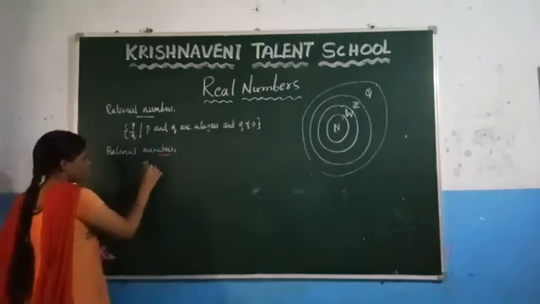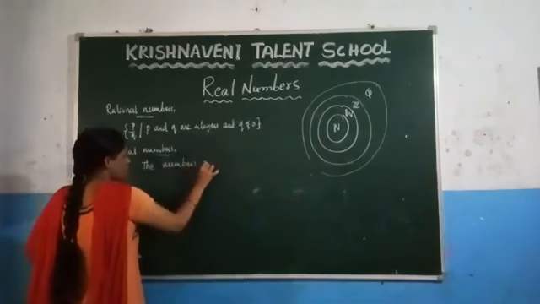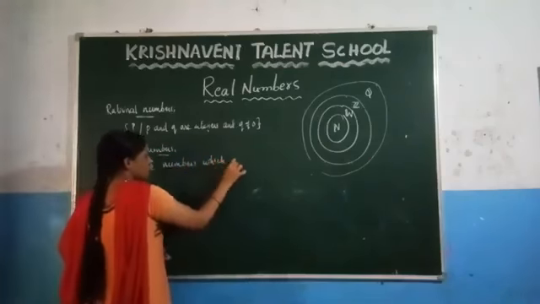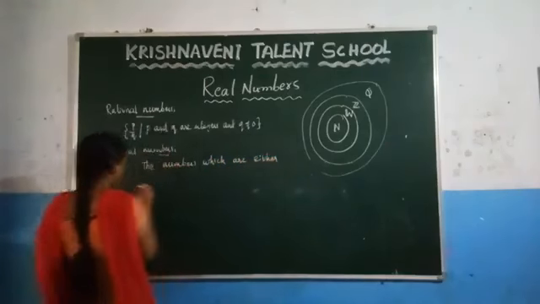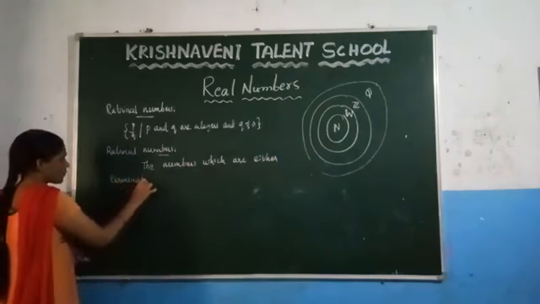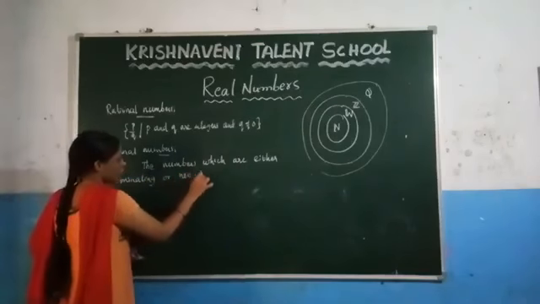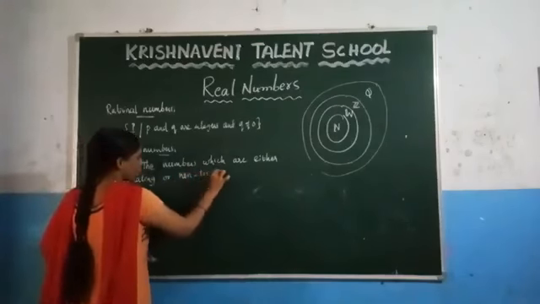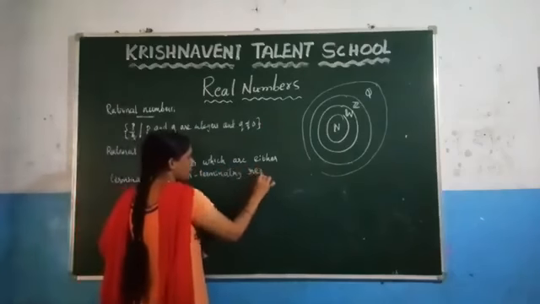So here we define rational numbers in the other way. How do you define the numbers which are either terminating or non-terminating repeating decimals?